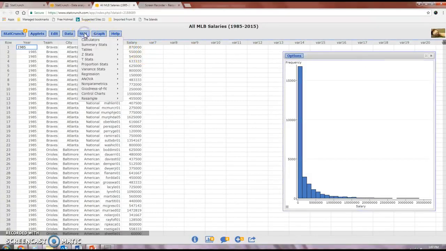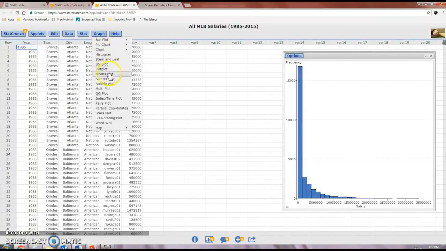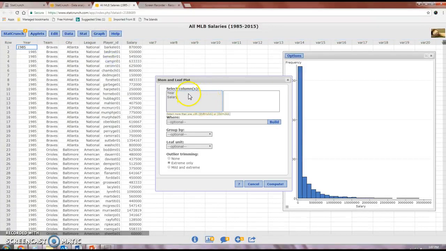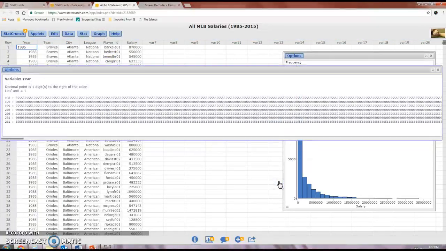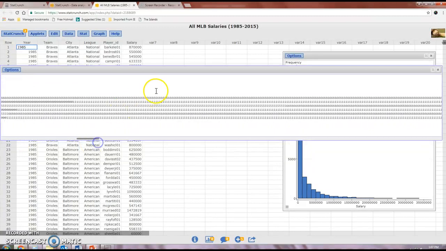Let's do a stem and leaf with the year and see what that looks like. So lots of values of 1985, 1990. If I bring it out, 1986 starts here, and so on and so forth. So this is a nice little way to organize the values.